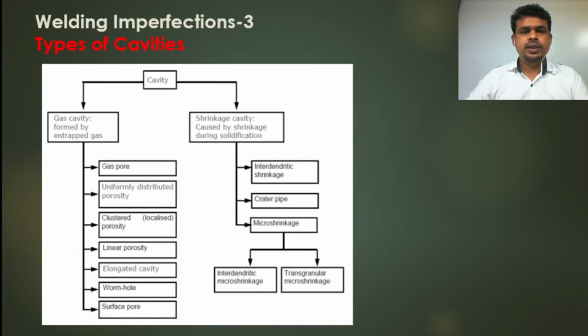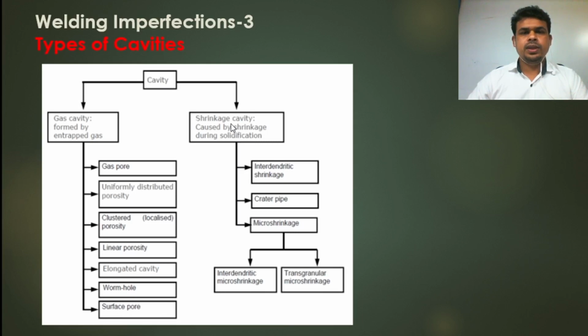Types of cavities, I attached one more photo here. Firstly, cavities are classified into two types: gas cavity, from entrapped gas, and shrinkage cavity, caused by shrinkage during solidification. If gas is entrapped inside, that is called a gas cavity. There are gas pore, uniformly distributed porosity, cluster or localized porosity, linear porosity, elongated cavities, wormholes and surface pore.